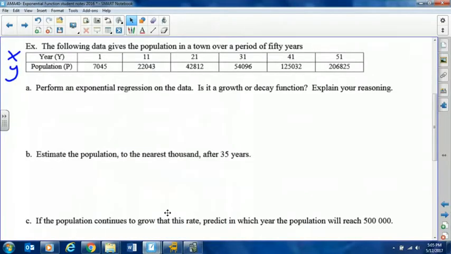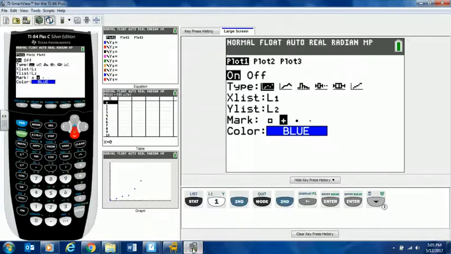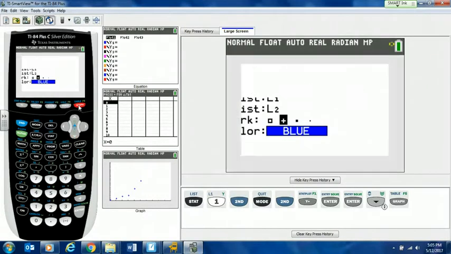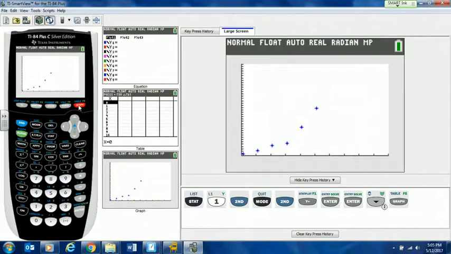Remember, I made my year the L1 part of my table. So in my X list, I have L1, and in the Y list, which is population, L2. Now I can go ahead and graph it, and you'll see mine turns out really nice, because I've already done this previously, just to save a little bit of time.